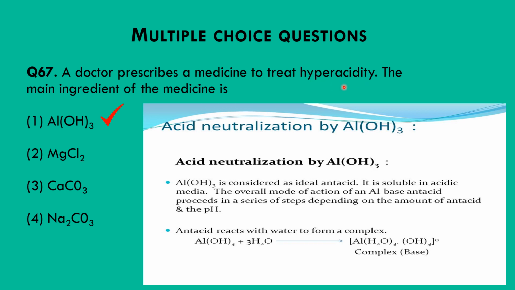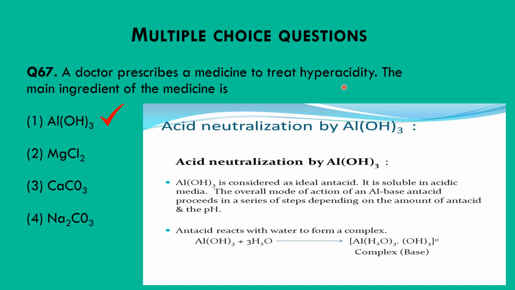How to cure this condition? To cure this condition, we will use antacid. What is meant by antacid? It is a medicine used to neutralize stomach acid. If excess acid, that is hydrochloric acid, is produced in the stomach, to neutralize it we will use antacid. Antacid is nothing but a base.